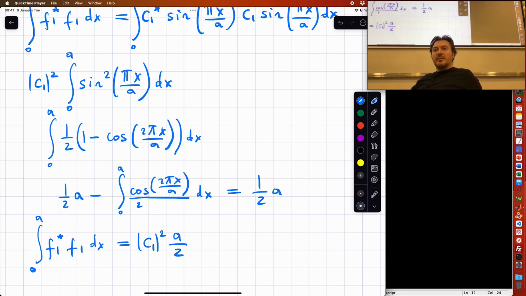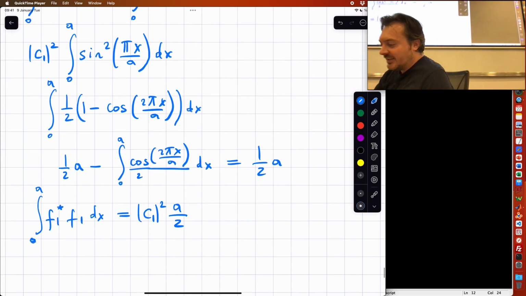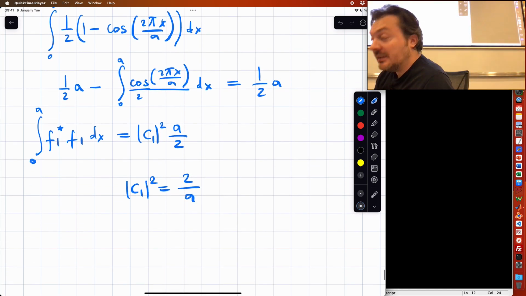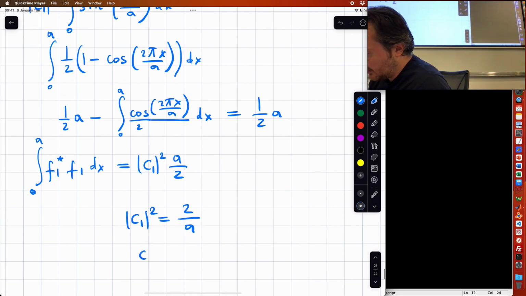Now, if we want this to be 1, because we want it to be normalized, are you following the storyline? Hopefully. Then the absolute value of c1 squared needs to be 2 over a. Then in this course, we are just going to take c1 equals square root of 2 over a.